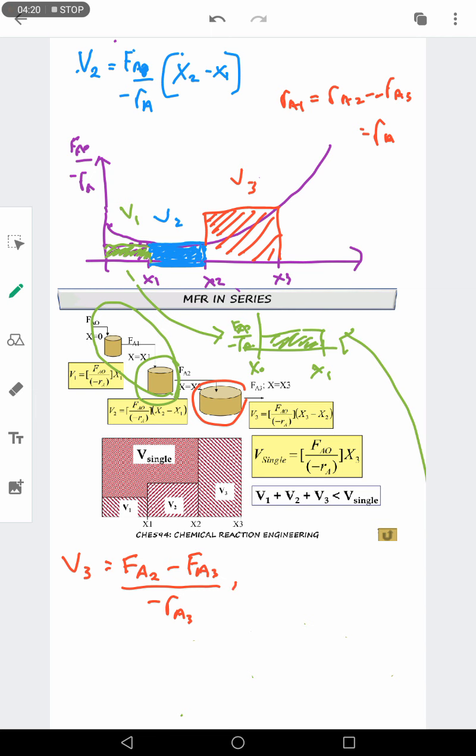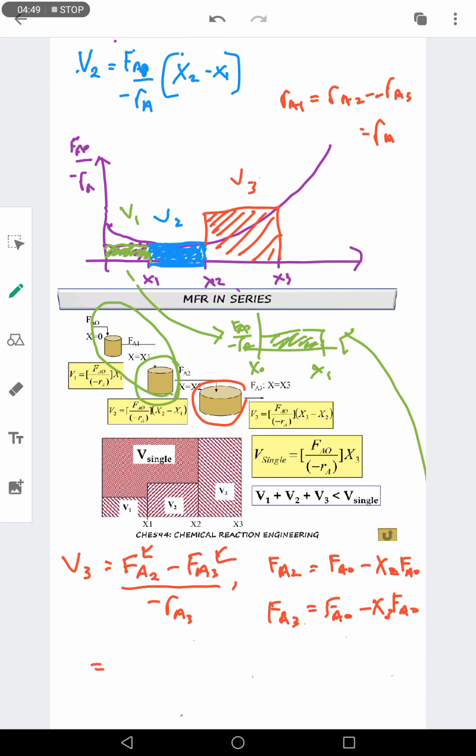So kalau in terms of conversion, FA2 tadi kita dapat FA naught minus X2 FA naught. So the same thing for FA3 is FA naught minus X3 FA naught. So you masukkanlah FA2 masuk dalam ni, FA3 masuk dalam ni.